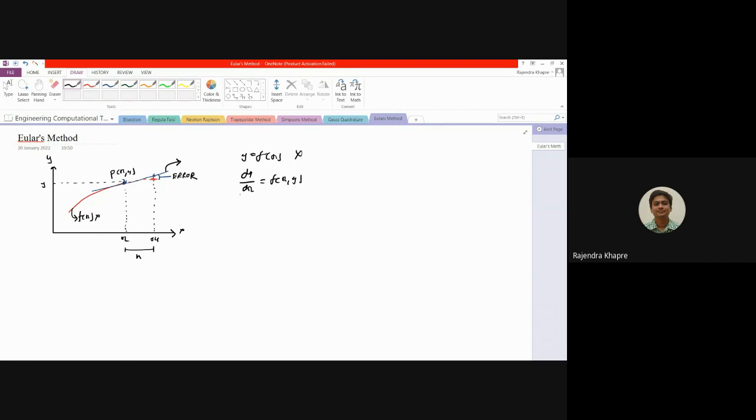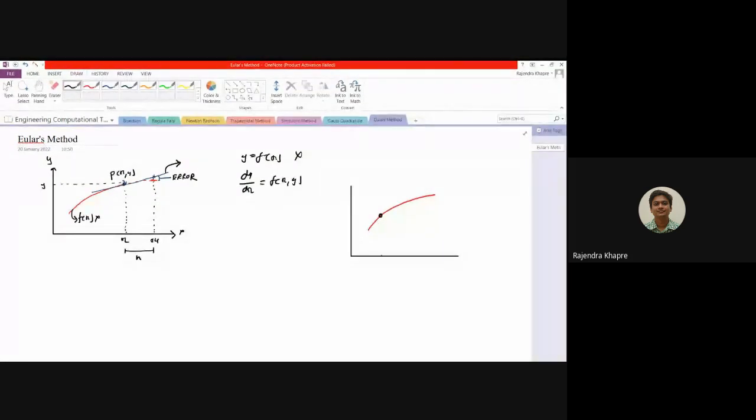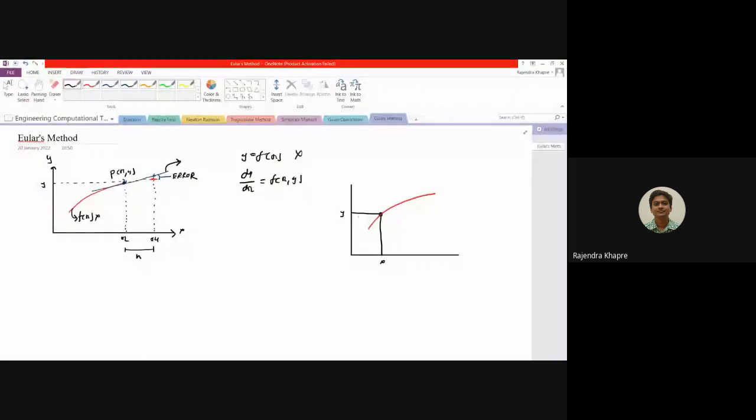So if I draw this figure in a different way, let me draw a bigger picture for you. Let us say I have a curve which is probably like this. Okay, and then this is my point. So this value is x, and this value is, let us say, y.